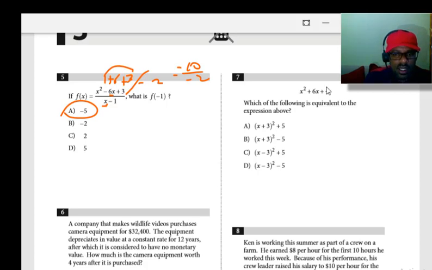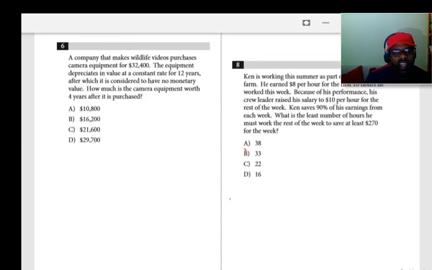Question number 6. The company that makes a wildlife video purchased camera equipment for 32,400. The equipment depreciates in value at a constant rate for 12 years, after which it is considered to have no monetary value. How much is the camera equipment worth after 4 years? So let's do it: first, 32,400 is what it was bought for. So it decreases by some amount every year.